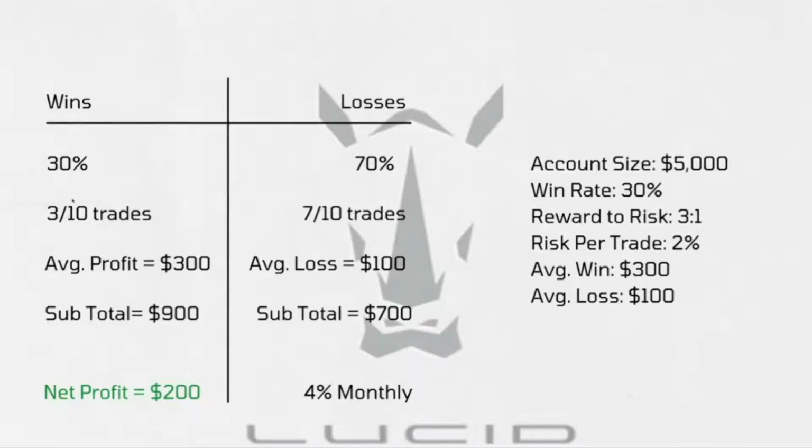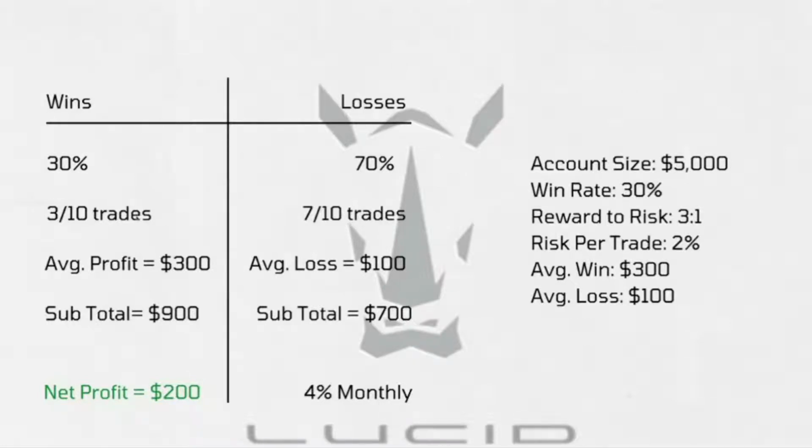I use 10 as a nice easy round number. And to be honest with you, 10 trades in a month is really all you need to be making some serious money. And if I go a little bit deeper into this, you'll start to see why. I've also assumed this is over the span of a month so that we can give a monthly percentage return.